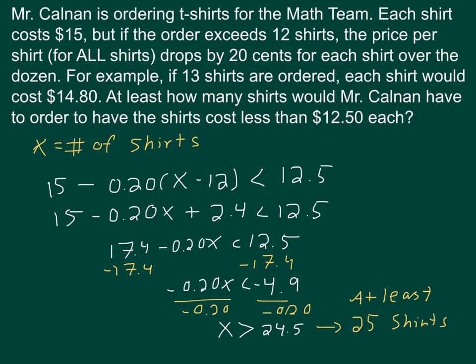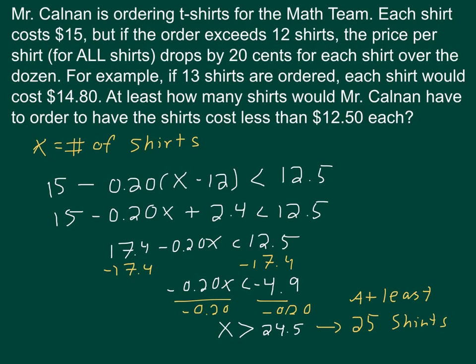And we can go back and just do a check here. If I order 25 shirts, that's 13 more than the 12 that's required to trigger the discount. And so 13 times, I'm going to take 20 cents off the cost of the shirts.